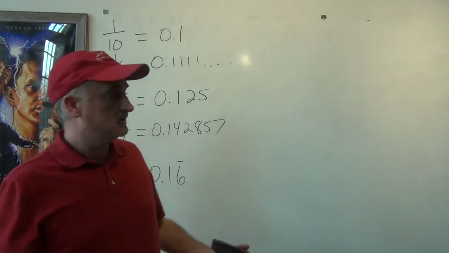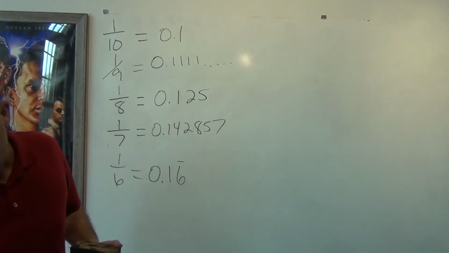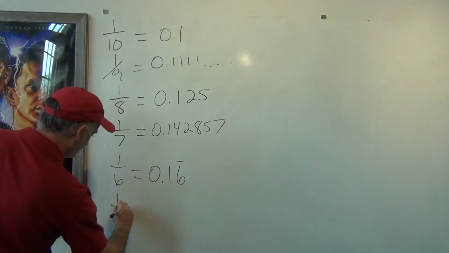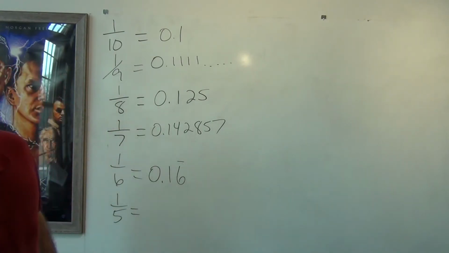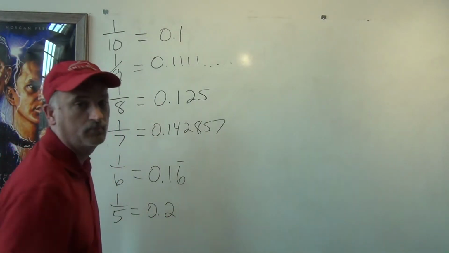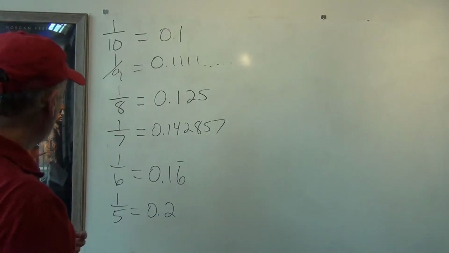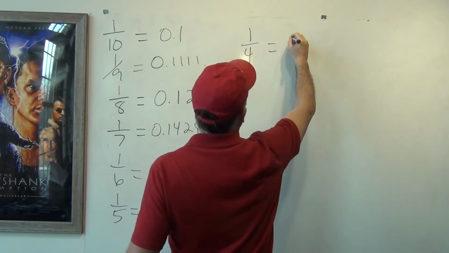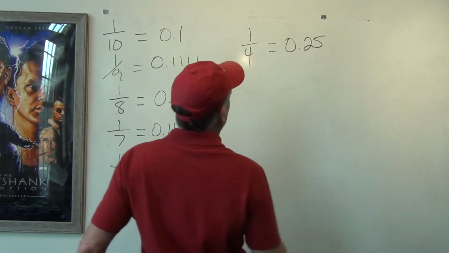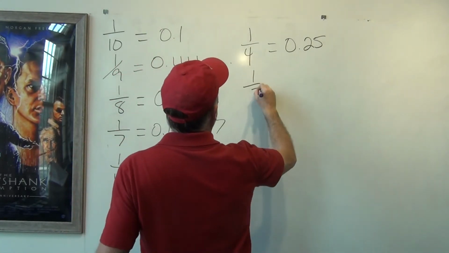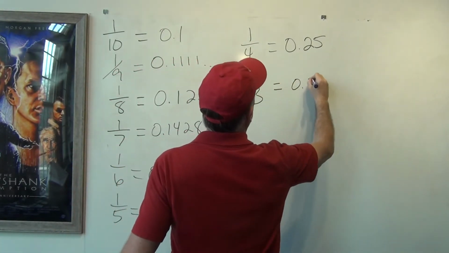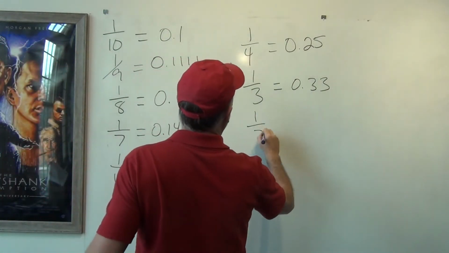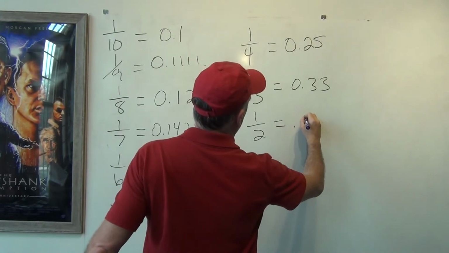So that's something interesting. Okay, let's take a look at 1/5. 1/5 we know is 0.2. Now let's do 1/4. 0.25. 1/3 is 0.33, and then 1/2 is 0.5.